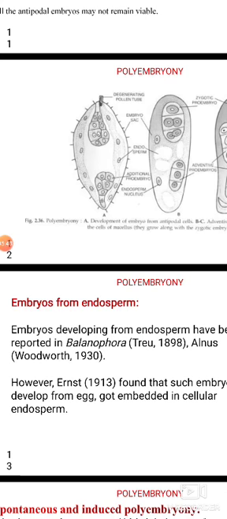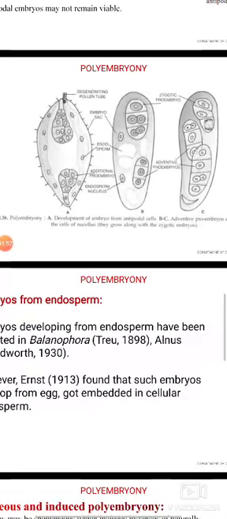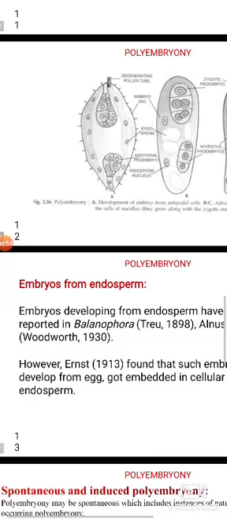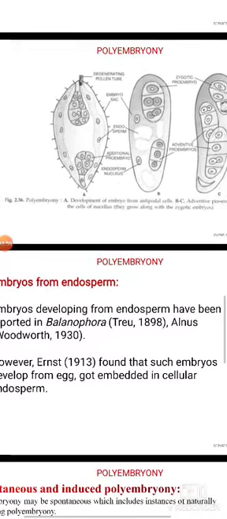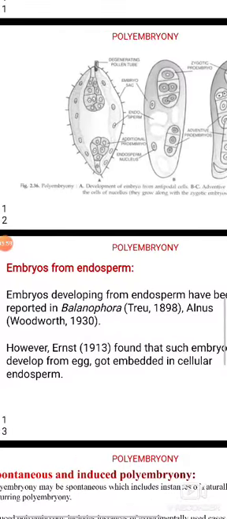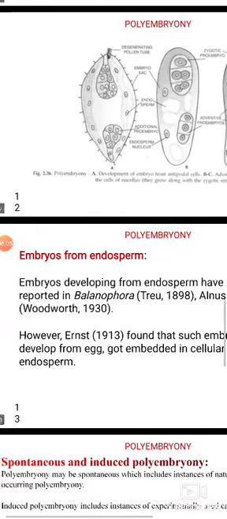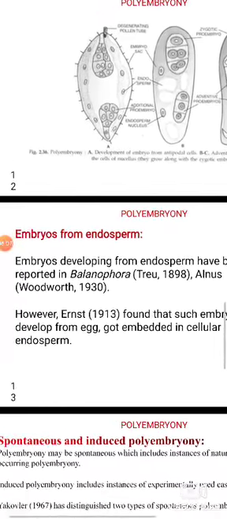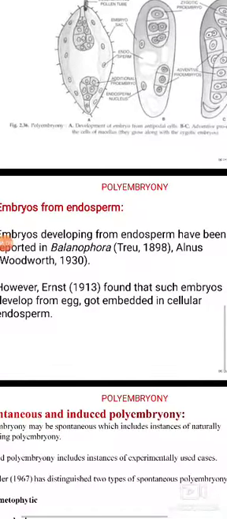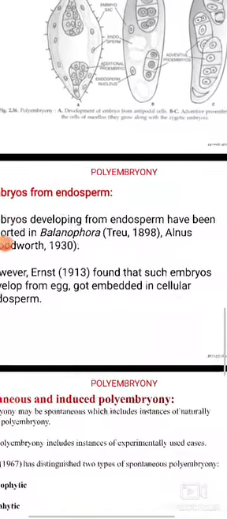Embryos developing from endosperm have been reported in Balanophora and Ulmus. However, Ernst in 1913 found that such embryos developed from the egg got embedded in cellular endosperm.